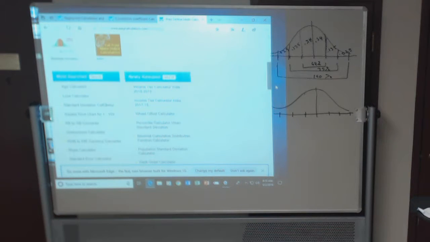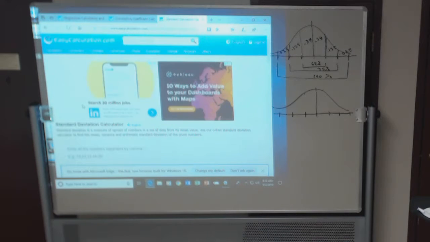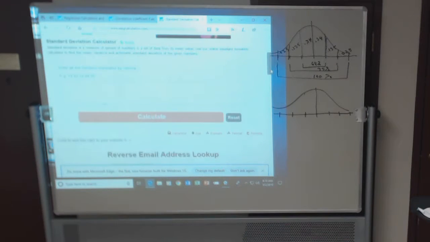I scroll down looking for what? Everyone see it on the screen? Standard deviation calculator. I click on it, and what do I do? Enter the numbers. Someone tell me what the numbers are. 78, 82, 82, 71, 69, 73, and 70.